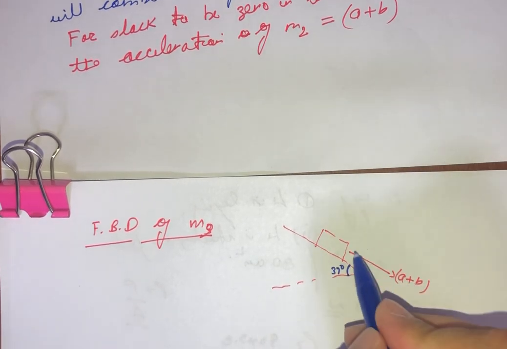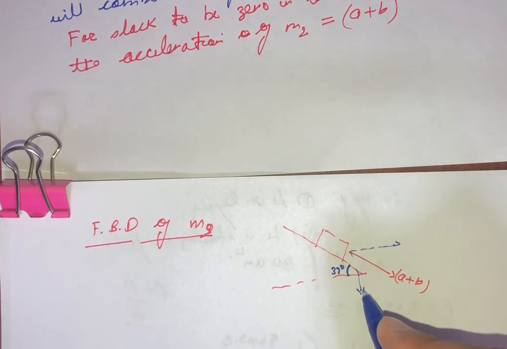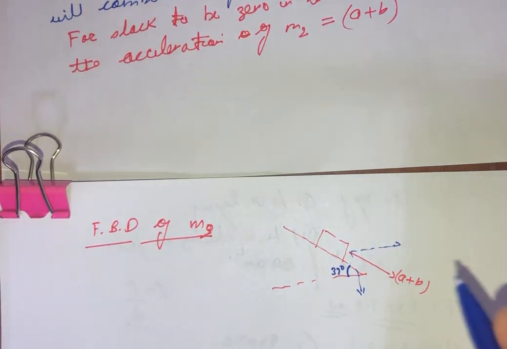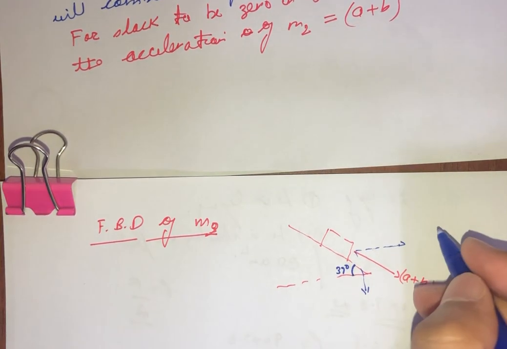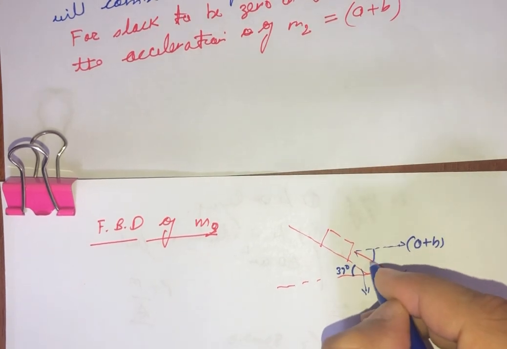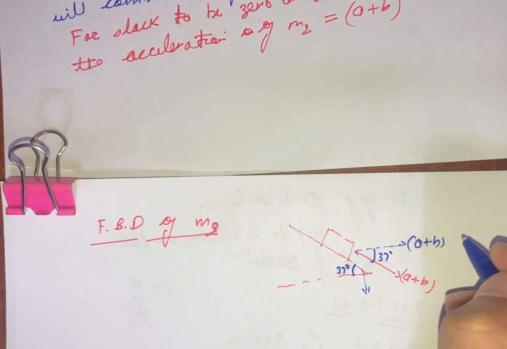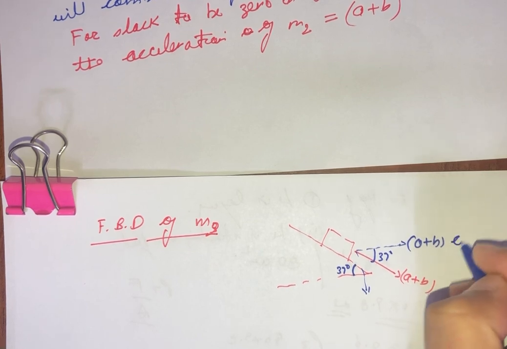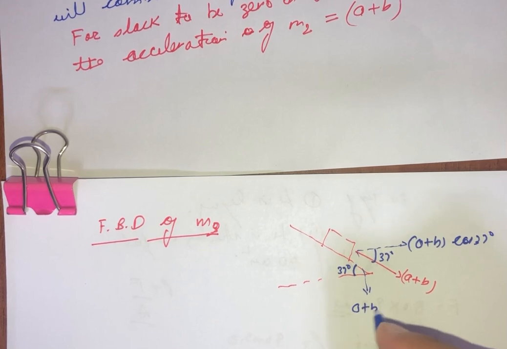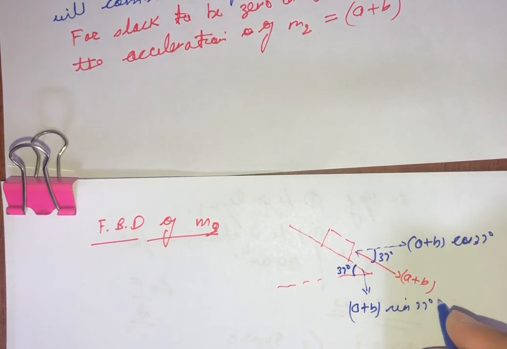So this acceleration can be divided into two components. A plus B cos 37 because of alternate angles, and A plus B sin 37.